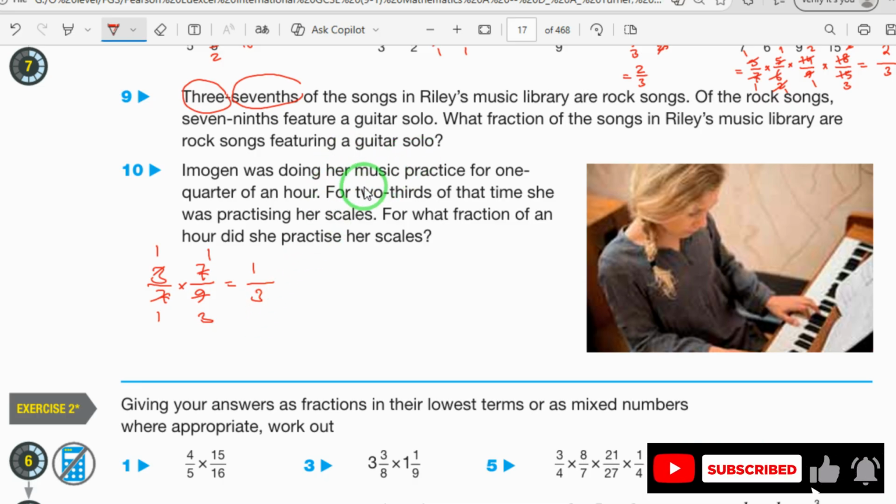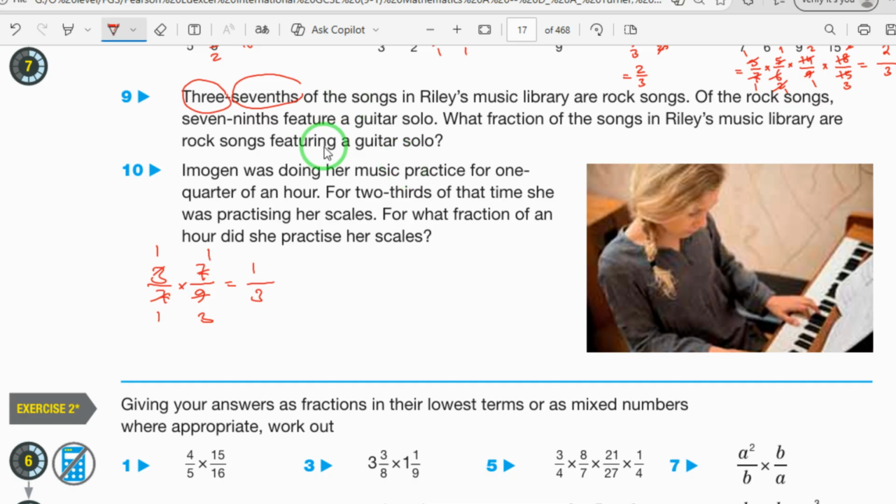It means they have the properties of rock and guitar at the same time. So there we just multiply these two fractions. Here we had for the second one 7/9. We multiply. This is the solution of question number 9, and come to question number 10.